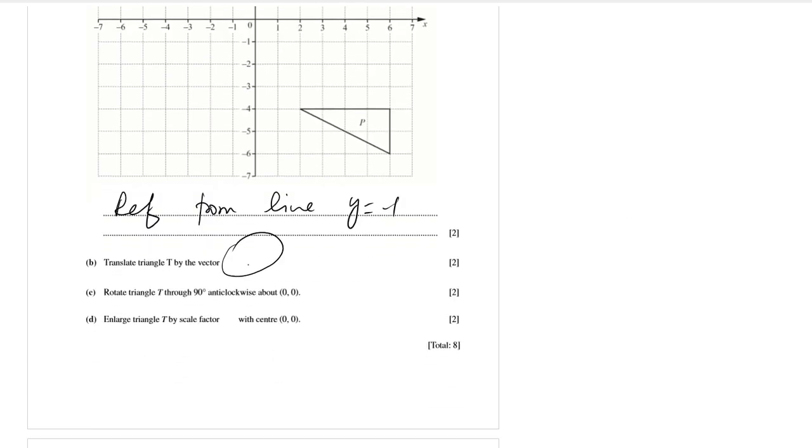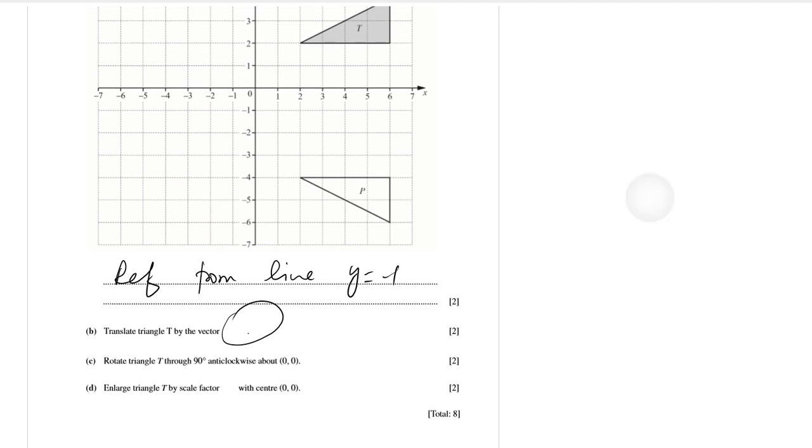Next, translate. Again, the vector is missing. Sorry. Or let's do it on our own. Let's go for minus 5 minus 7. Minus 5 means 5 on the left. One, 2, 3, 4, 5. 7 down.